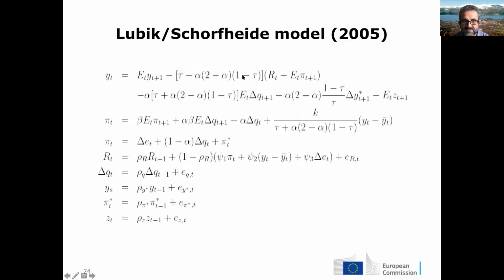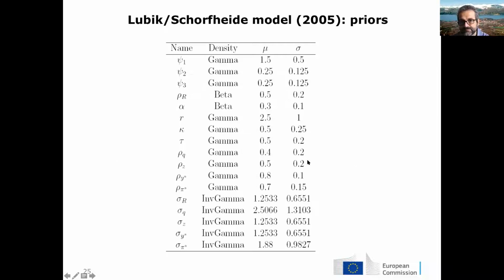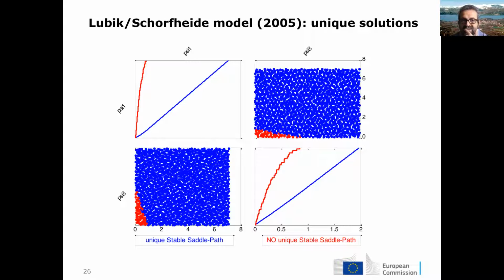What are psi1 and psi3? Psi1 and psi3 are the coefficients of the Taylor rule versus inflation and versus the exchange rate. And what does it also tell? It tells that most of the time Blanchard-Kahn is okay, but as soon as psi1 is small and/or psi3 is small, you may have a violation.